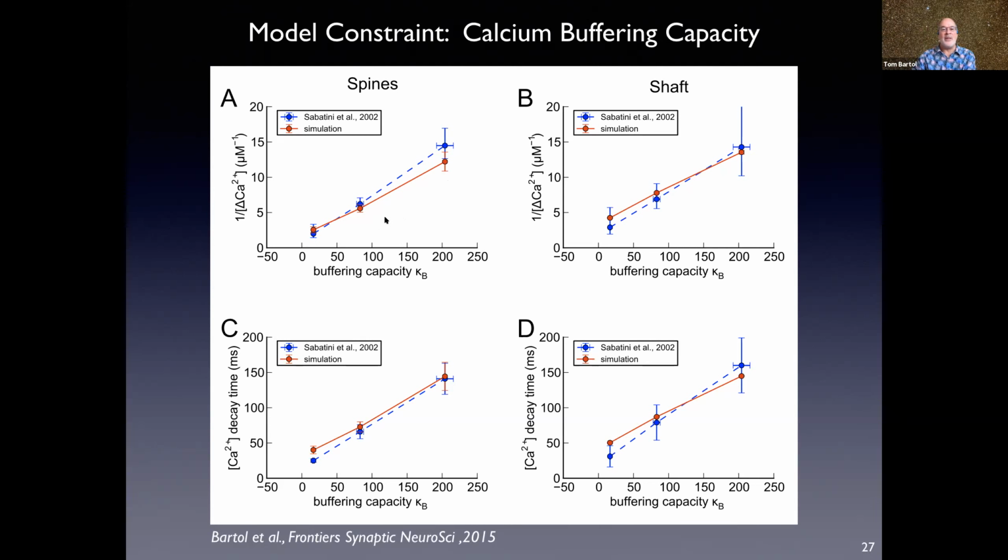We varied these 7 unknown parameters independently to try to get a simultaneous fit to basically these 9 experimental measures, or these 4 lines, right? And the lines have a slope and an intercept.